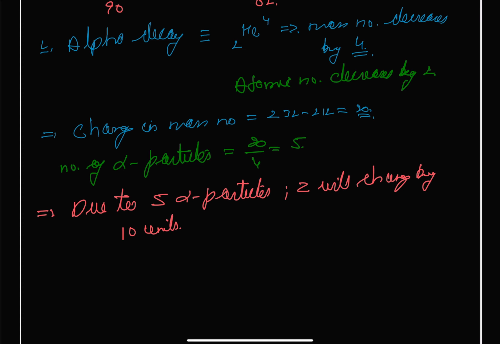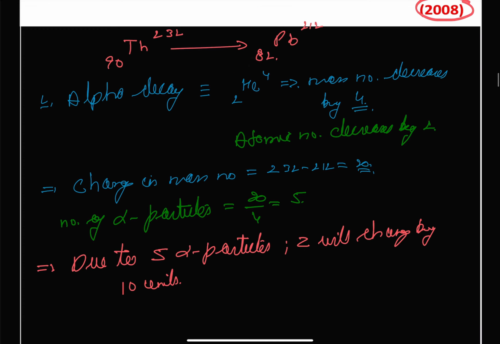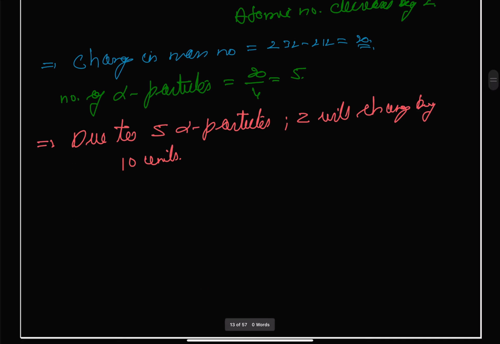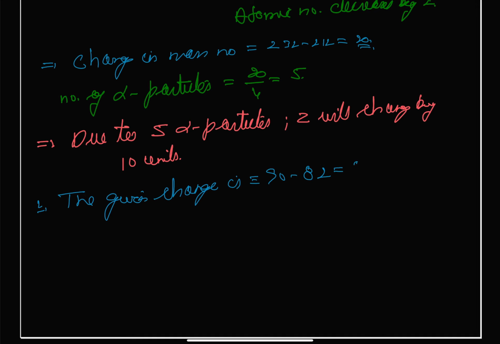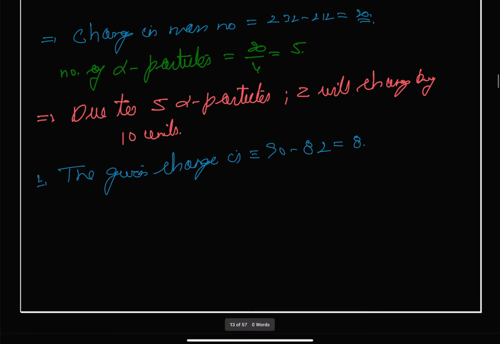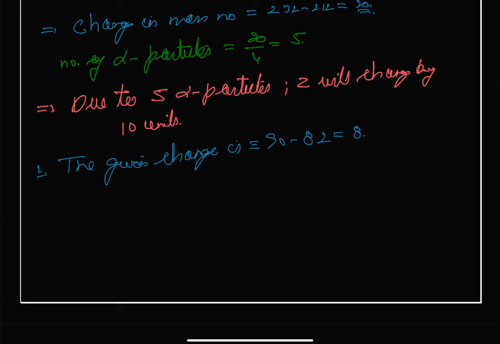But the given change is of 8 units, that is 90 minus 82. So we can write that the given change is 90 minus 82, that is 8. Therefore the number of beta particles is 2.